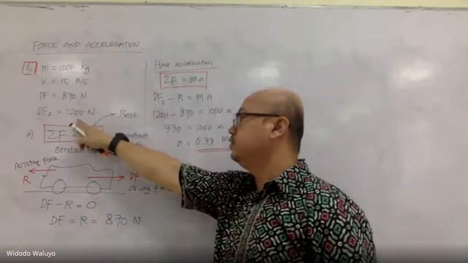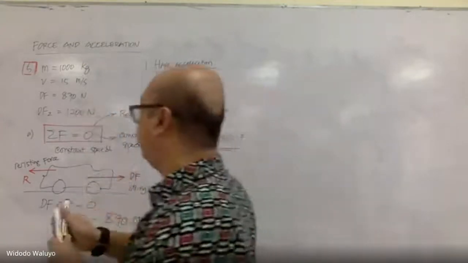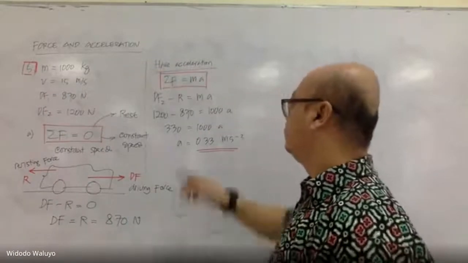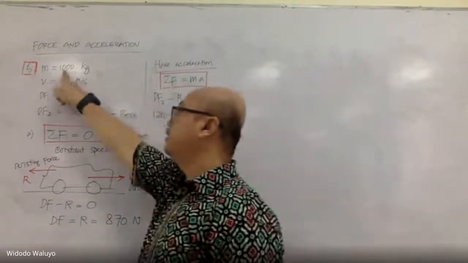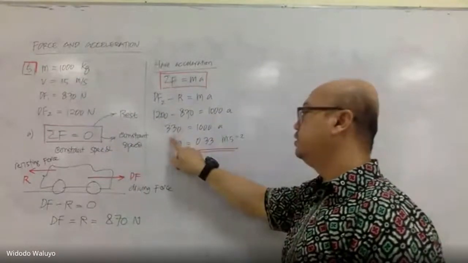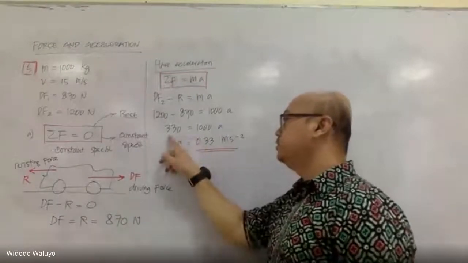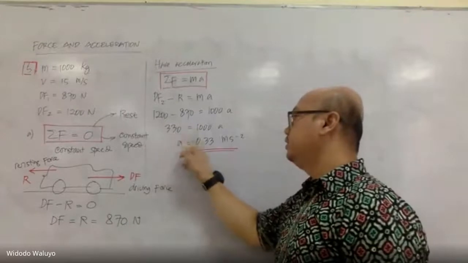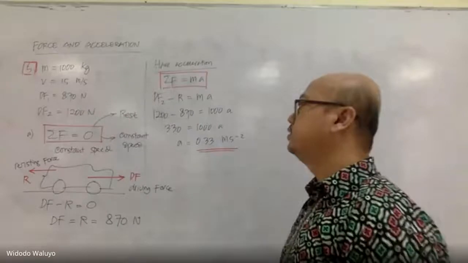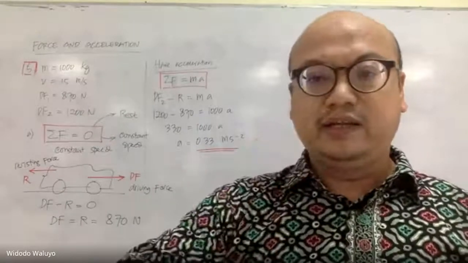The second driving force is 1,200 minus the first driving force, 870 Newton, equals the mass of the car, 1000, times a. So 330 equals 1000a, so a equals 330 divided by 1000, which equals 0.33 meter second minus 2. That's the answer for A.